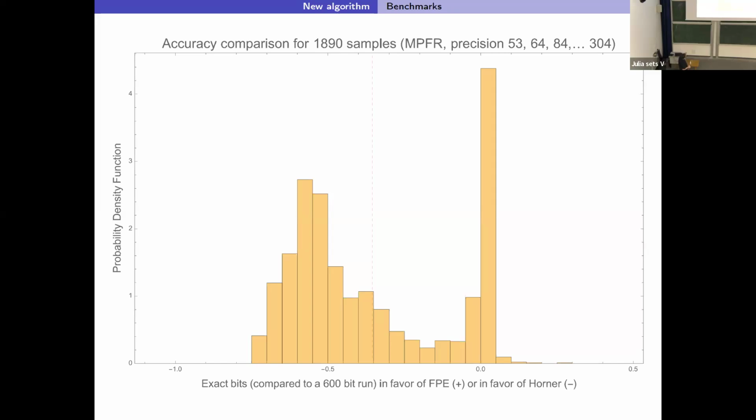So it's not perfectly random, but we lose half a bit, half of a digit in base 2, in more or less the worst case. But it seems that we never lose 1 bit compared to the Horner method, because from time to time there will be cancellations, and you cannot have a precise result no matter what. I mean, you would have to have z more precise, coefficients more precise, but this is another algorithm.